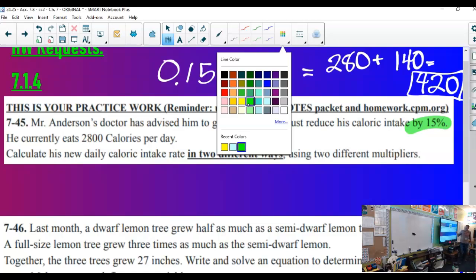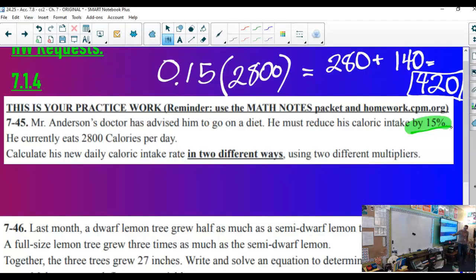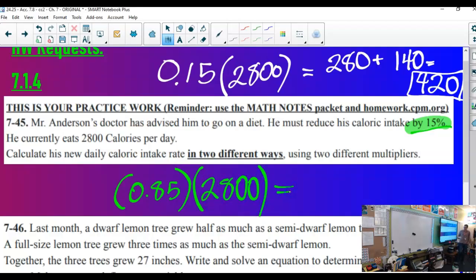Lydia, find 85%. Why 85%? Because 100 minus 15 is 85. So this is how much he's going to actually end up wanting to eat. Of course, I've used a calculator. I just didn't feel like it up there, and we're smart enough. We don't need to use one up here.